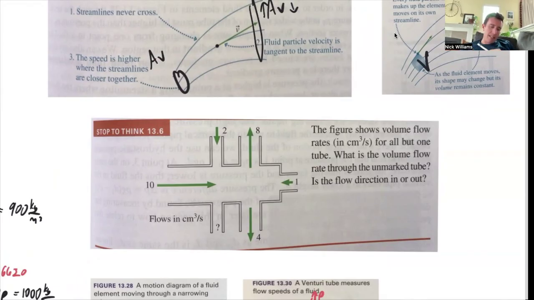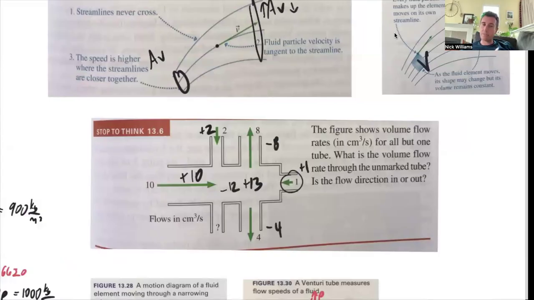So I've got 10 in plus 10. I've got 2 in plus 2. I've got 1 in plus 1. So I have a total of 13 coming in. Going out, I've got minus 4 and minus 8, so a total of minus 12 going out.